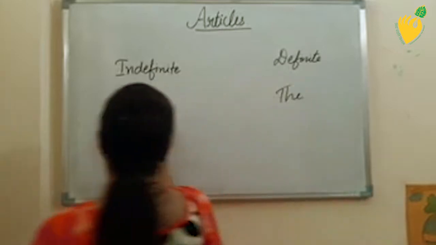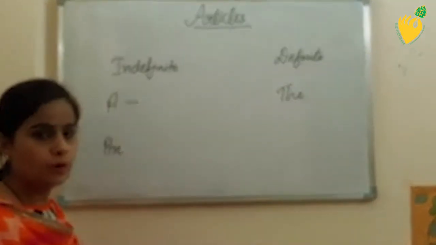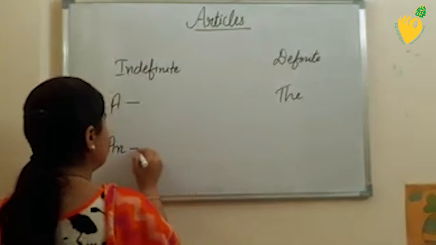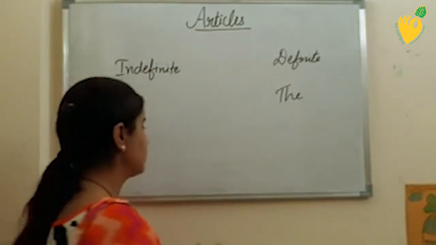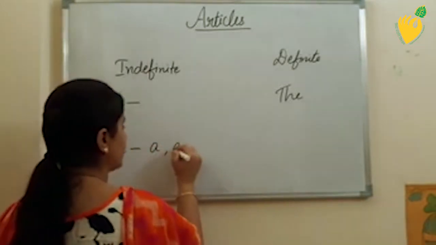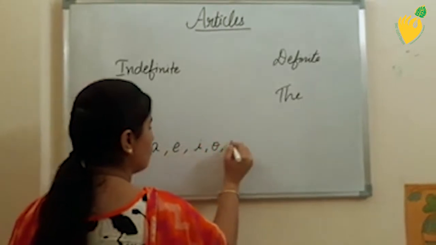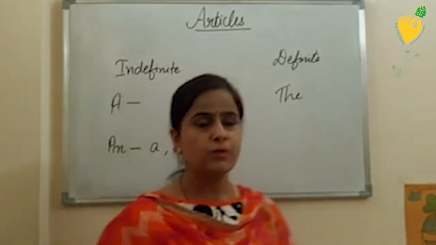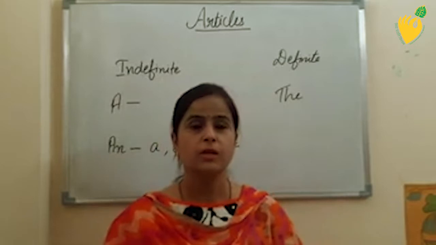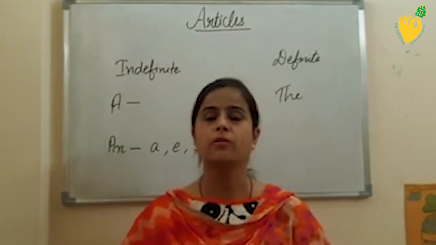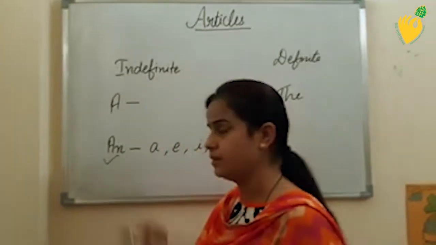A is used before a consonant sound and an is used before a vowel sound. Vowels, we know, are A, E, I, O, U. So before singular nouns which have a vowel sound, we use an.